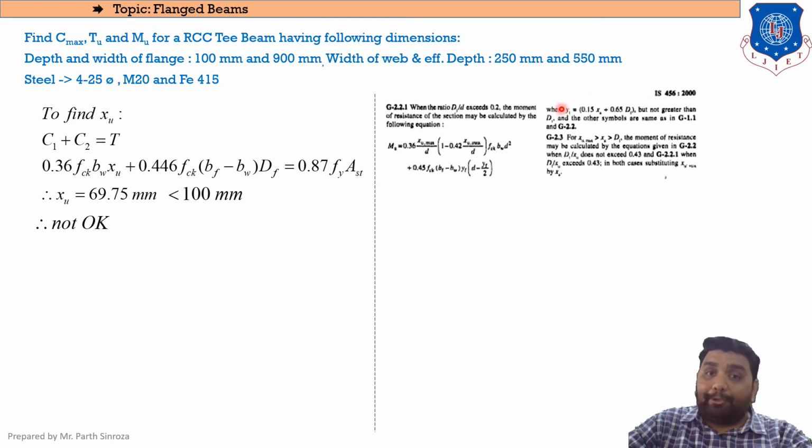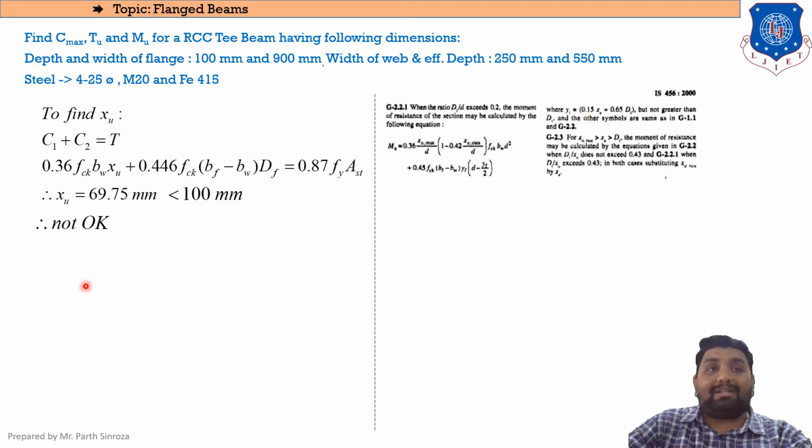On the right hand side top, you can see an equation for YF being mentioned. So YF is equal to 0.15 XU plus 0.65 DF. This is the equation for YF, and YF is nothing but the effective depth of flange. So here in the equilibrium equation, we will be substituting the term DF, which is the total depth of flange, by YF.